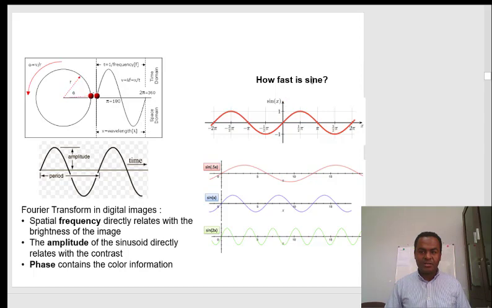How fast a wave is, is determined by the frequency. If you see this, the number of frequency is different. This is slow and this is medium and this is fast. The amplitude tells you the height of this wave. The period tells you the frequency. So normally 1 over T is frequency.